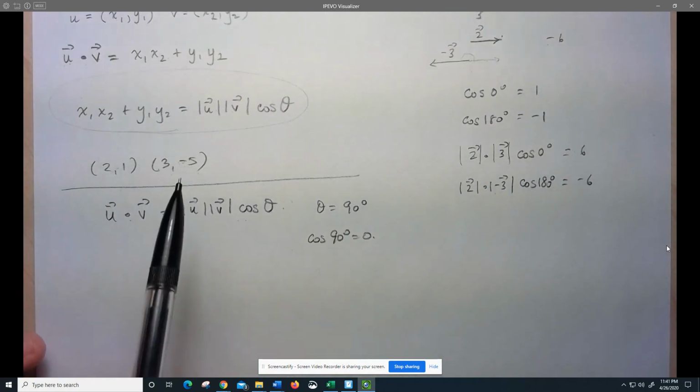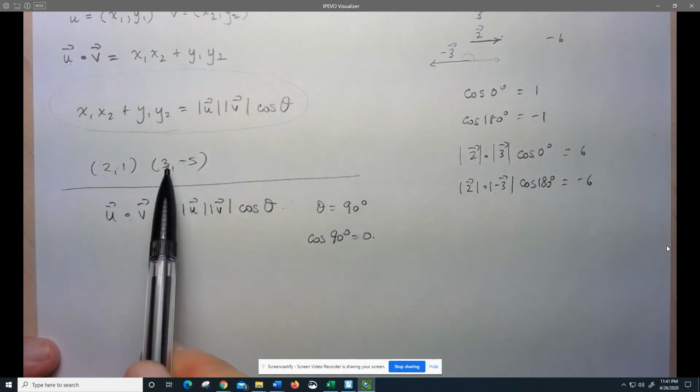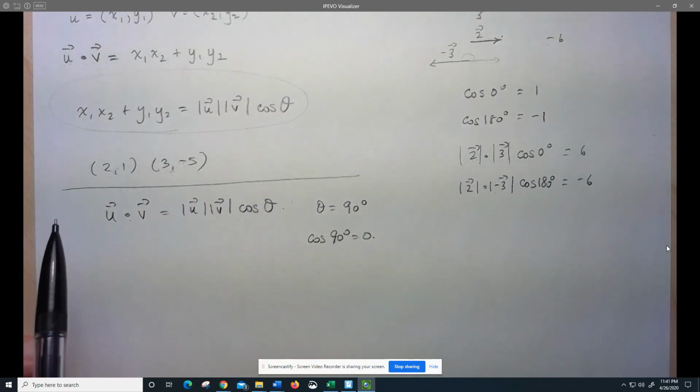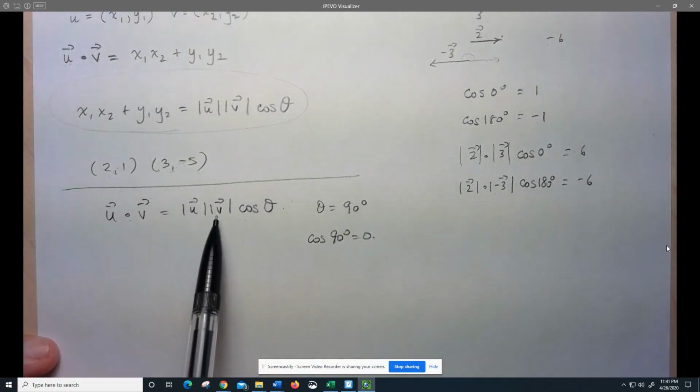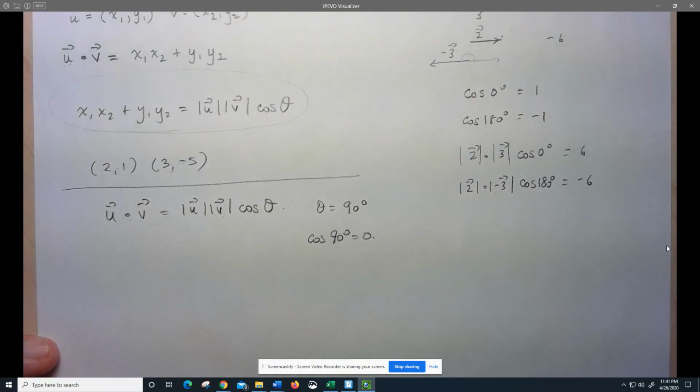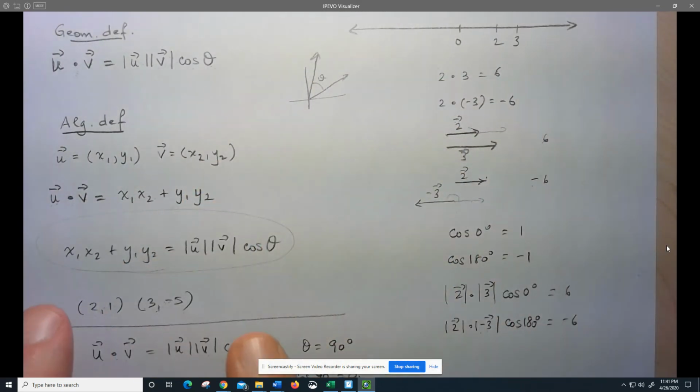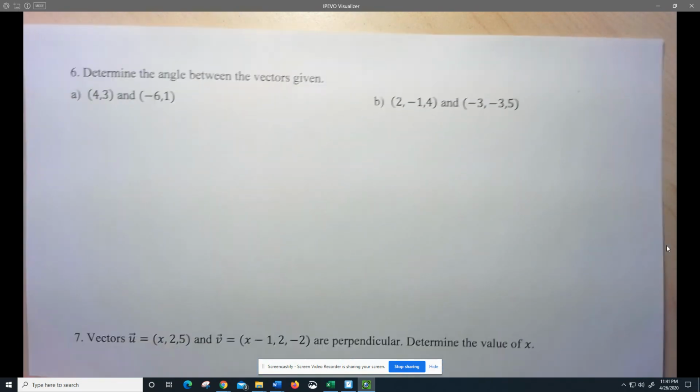It allows us to test if 2 algebraic vectors are perpendicular to each other, something that would take a fair bit of time, especially in 3D, to solve using trigonometry, but is going to be very easy using the dot product. All right? So let's keep in mind our 2 definitions, which we can equate when it's useful to do so, and let's look at a couple of questions. And next week we'll go a little more in depth into the dot product.